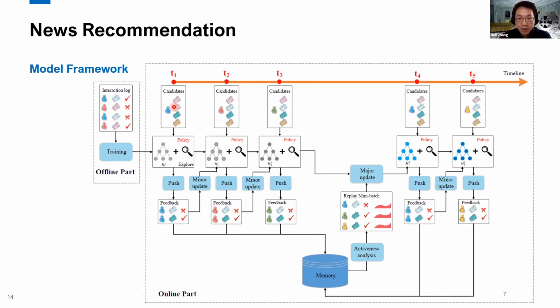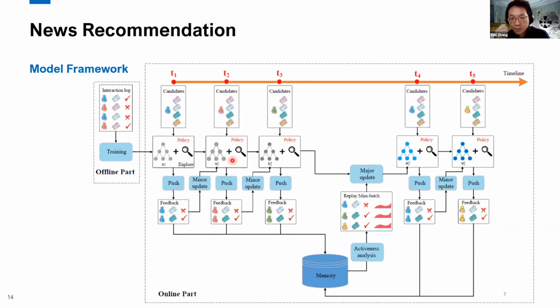So during the online part, the recommendation agent will interact with the user and update the network by following this sequence of activities. Once the news item is selected, it will be pushed to the user, and the user would decide whether to click it or not. This feedback would then be used to update the DQN policy.